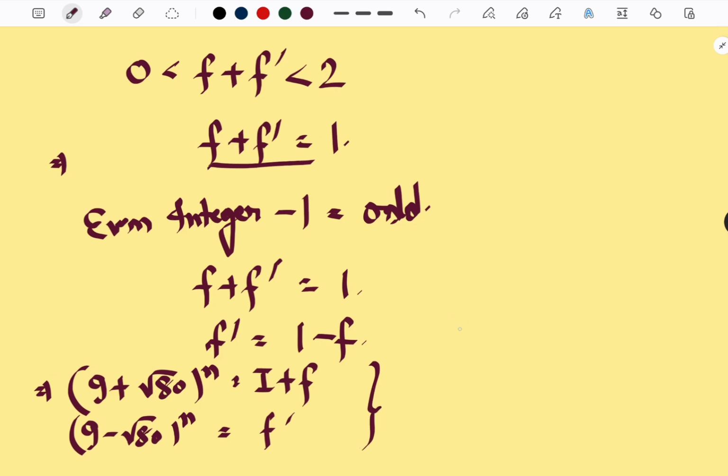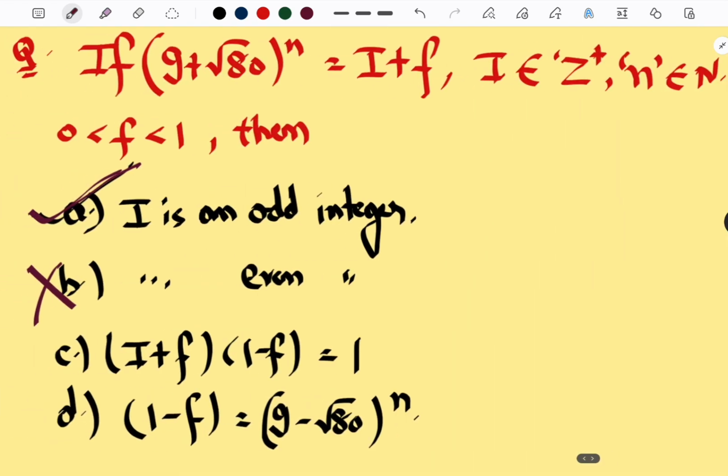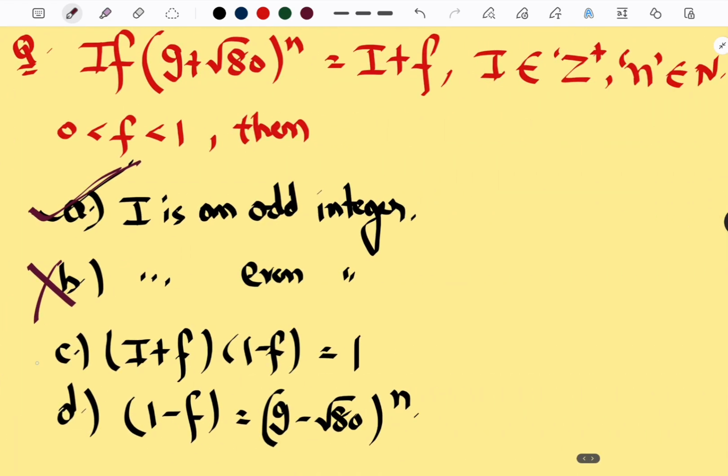If I multiply these two, what will we get? (81 minus 80)^n is equal to (I plus f) times f', and obviously f' is equal to 1 minus f, so this will be equal to 1^n, which is equal to 1. Now see here, what is the option? (I plus f)(1 minus f) is equal to 1, which is true. Now 1 minus f, which was f', was given from the equation itself. This is equal to (9 minus root 80)^n, so this is also true. So these three options are true.